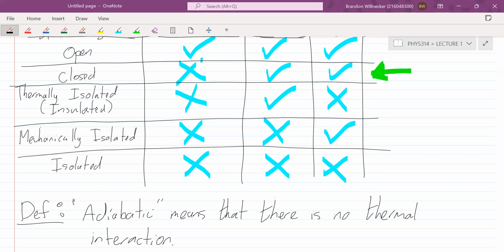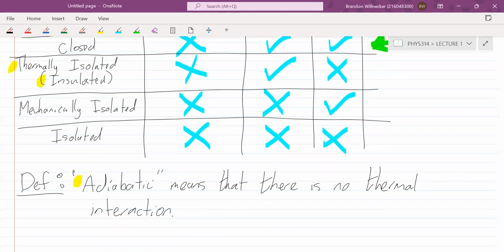New word, and we see that we've got three variations of the same thing now: thermally isolated, insulated, and adiabatic. Those three mean the same thing. All three mean that there's no thermal interaction. It would be nice if we just had one word for it, but we're stuck with these three. So if I mention any of those three, we all know it means no thermal interaction.